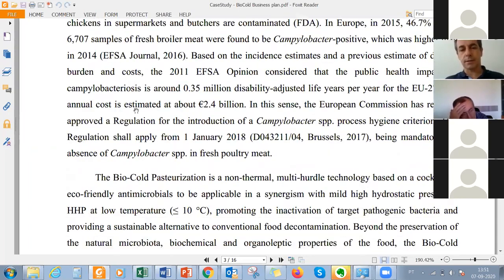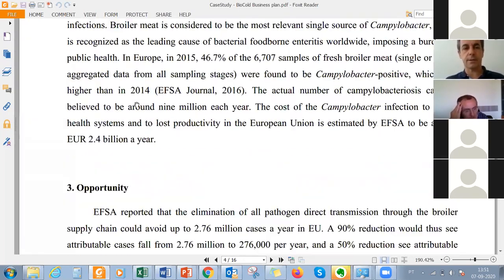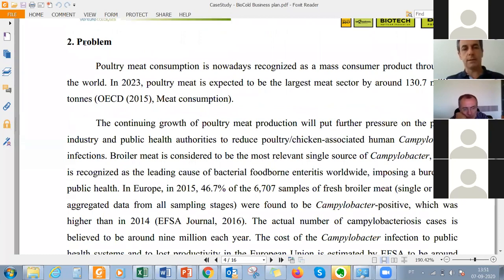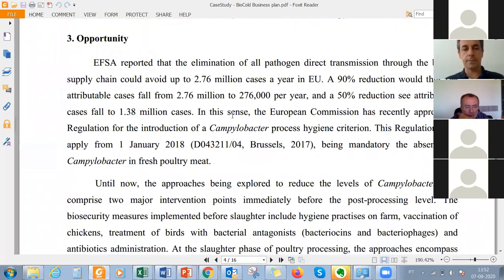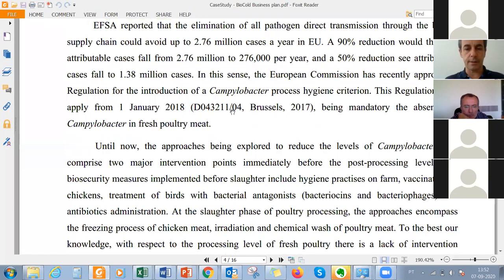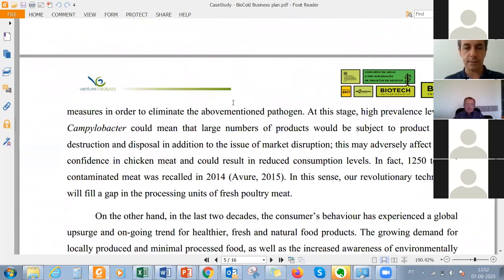The summary is the final thing, but you see, this is a way of presenting the business plan as a report. Of course, we can just submit the Excel file, but you can also produce a report based on the structure of the Excel file, the Excel template.